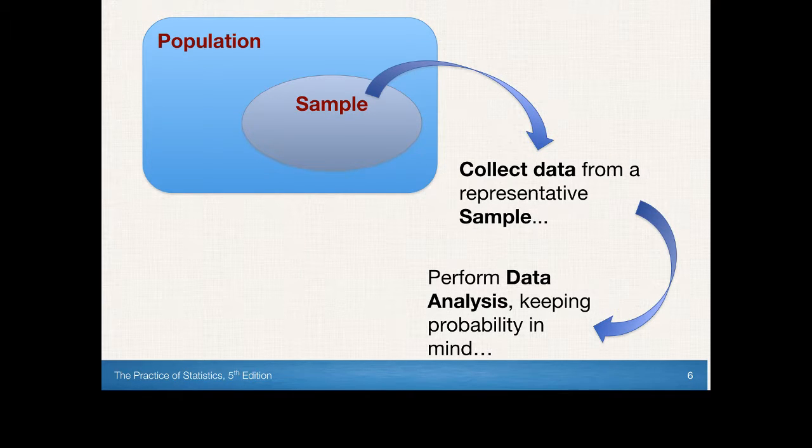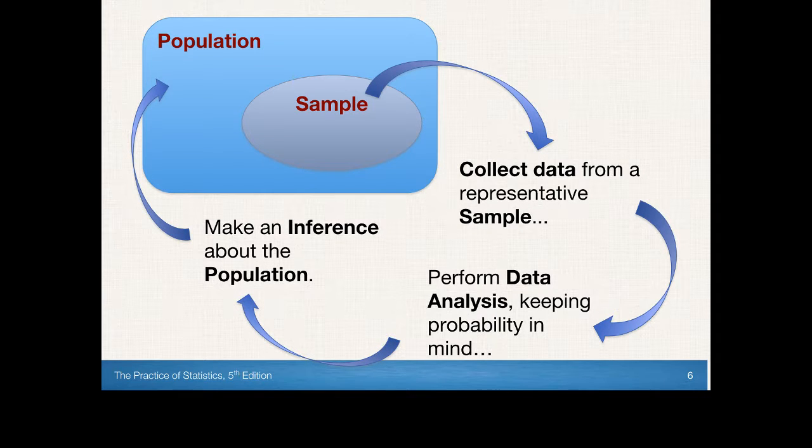We'll also look at how probability plays into this, and then we're going to make inferences about the population. Because we may not be able to poll the entire population, with a good sample we can do some pretty good inferences about the population.